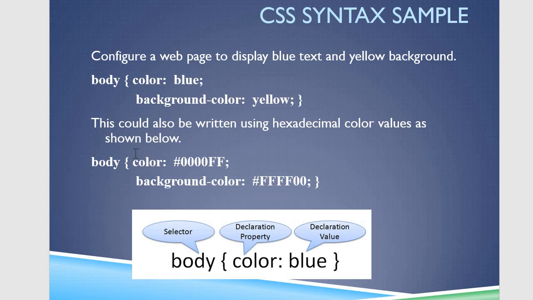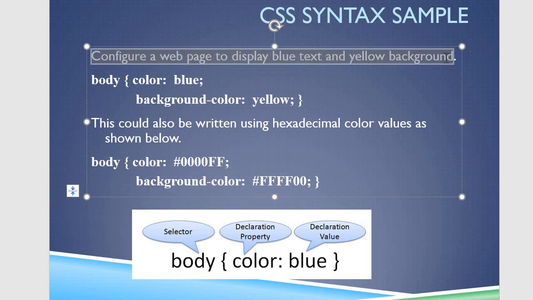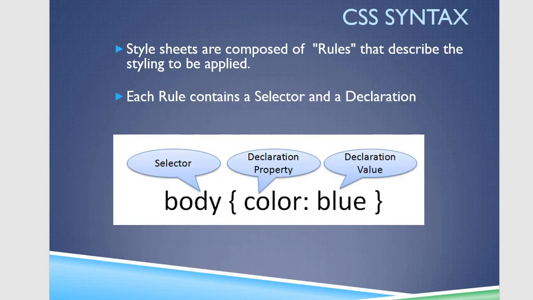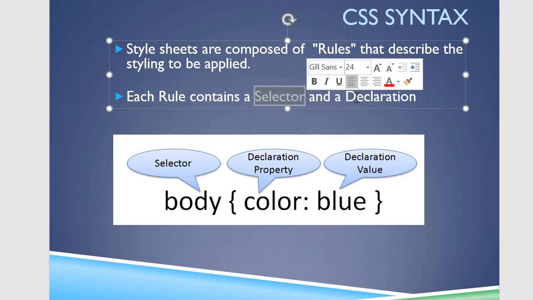I hope you know this actually. Configure a web page to display blue text and yellow background. See slide 7, just so you understand. It contains a selector and a declaration.